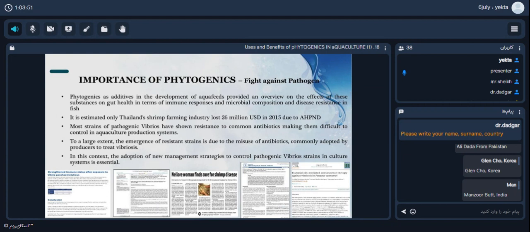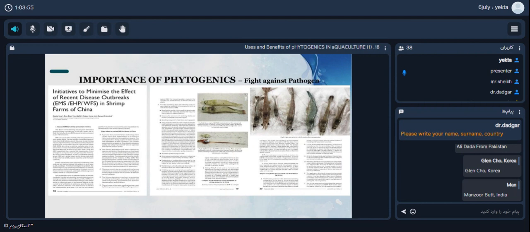So you can use a combination of products, or active components. If you know what component is working effectively, accordingly you can adjust the concentration. This is showing how we have worked on HPND, on EHP, and other pathogens.